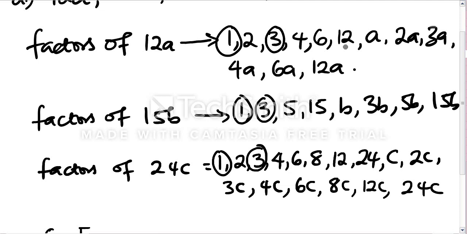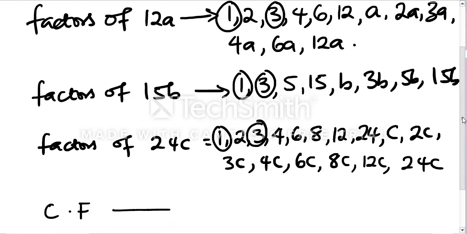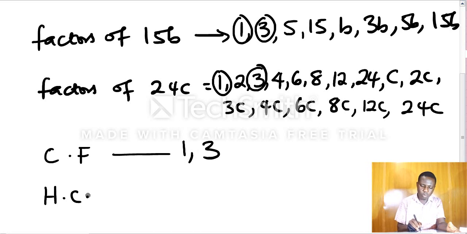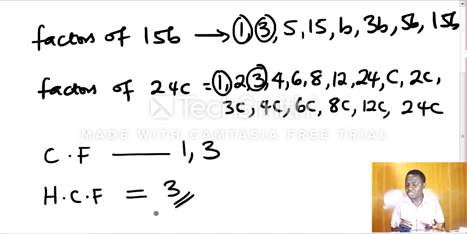So I think these are the only numbers that are common. What about the letters? Do we have any of them that is common? No, because this is in terms of A, this is in terms of B, and this is in terms of C. So the only common factors that we have include 1 and 3, while the highest common factor is said to be 3, because 3 is greater than 1.